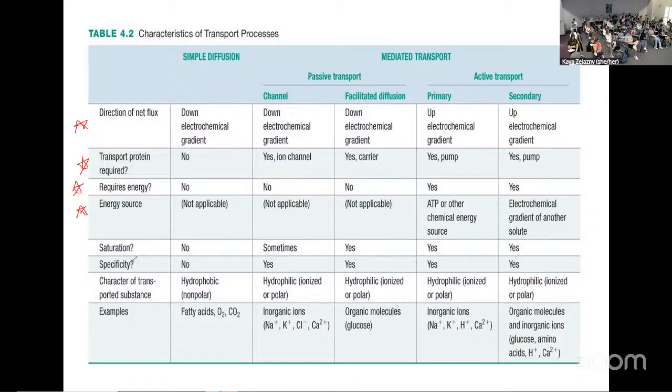This other stuff is also kind of important to know, but I wouldn't focus as much on those if I were making a table. I think those are more captured by our discussion of rates of transport. So that's another way you can study and practice figuring out how to piece together information.